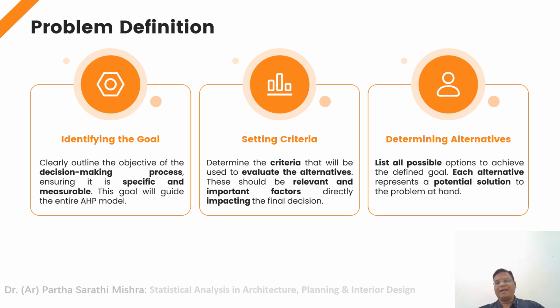Now determining the alternatives. List all possible options to achieve the defined goal. Each alternative represents a potential solution to the problem at hand. Suppose we are going to select a car for buying.